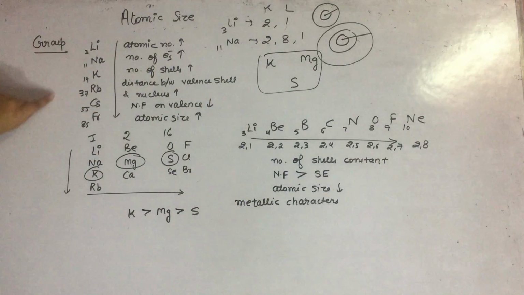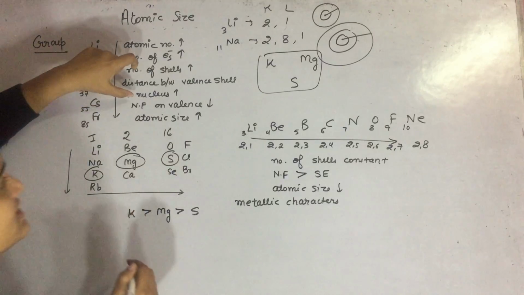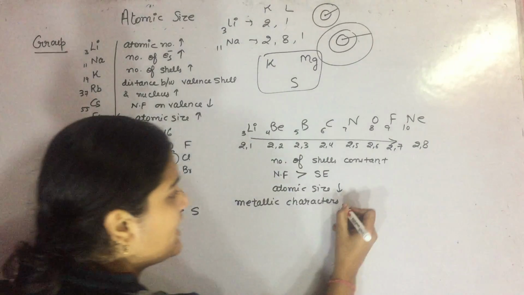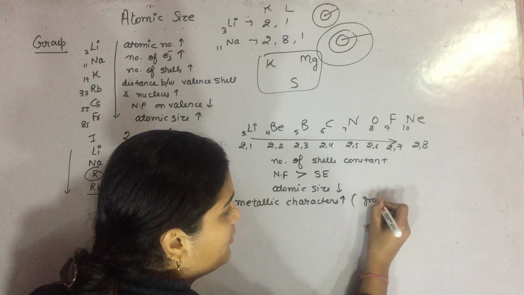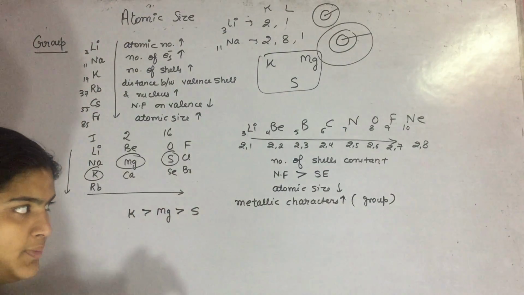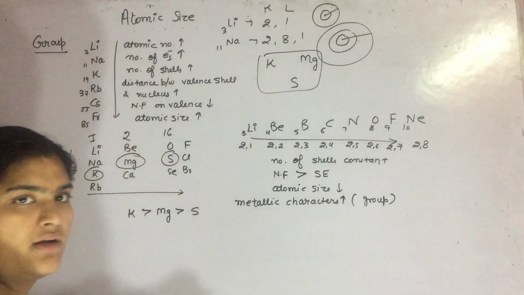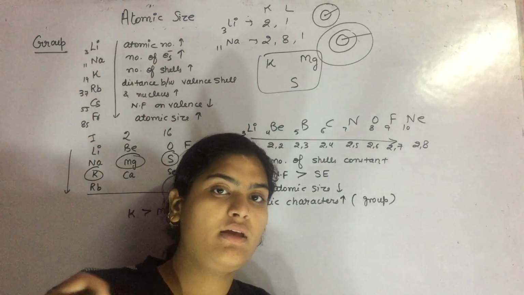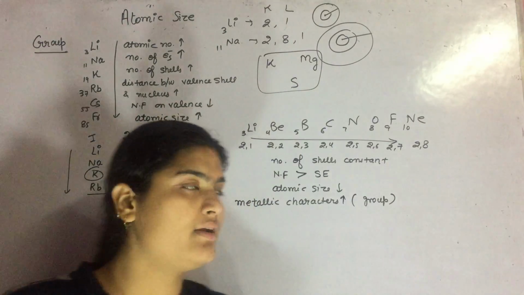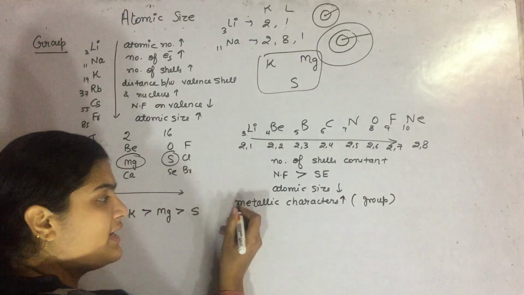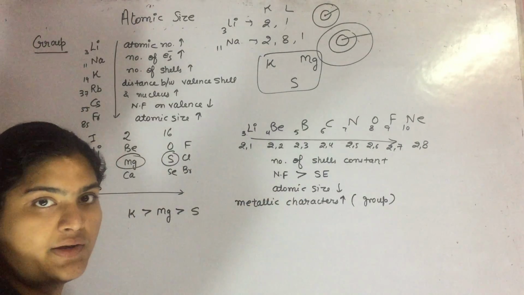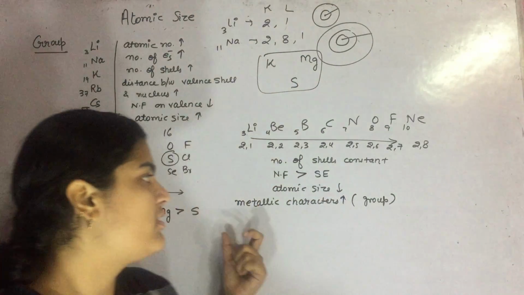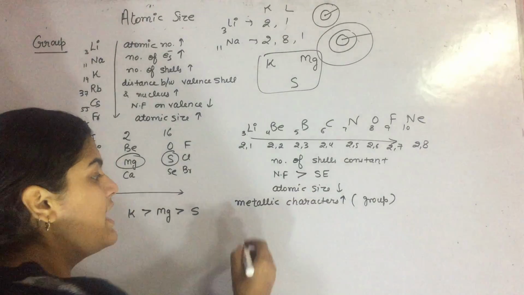From top to bottom, nuclear force decreases and distance increases, so it is very easy to donate an electron. So metallic character increases moving top to bottom in a group, whereas it decreases from left to right. Whatever you have studied about a group will be reversed in a period. Non-metallic character is the opposite of metallic character: it is the tendency of an element to accept an electron. So it will decrease where metallic character increases.